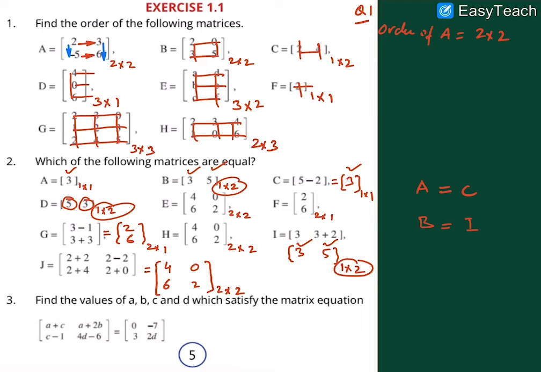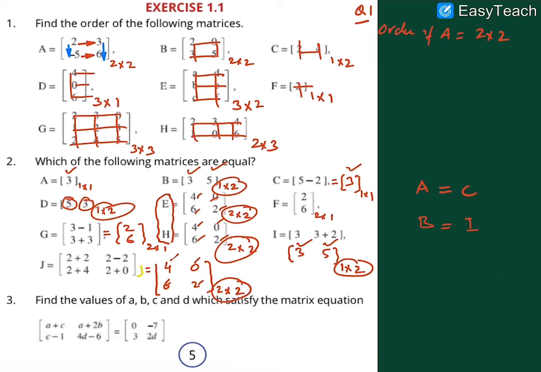Okay. Now A done, B done, C done. D, 5 and 3, we cannot see anywhere. So E is 4, 0, 6, 2 and order is 2 into 2. E and you can see H also, both are the same, E and H. Not only E and H, J is also the same.